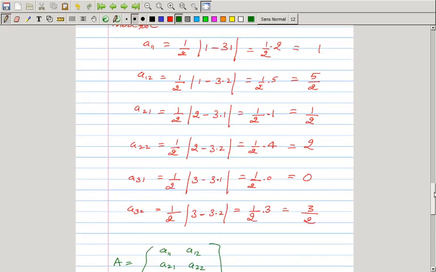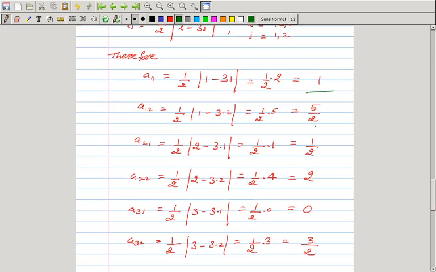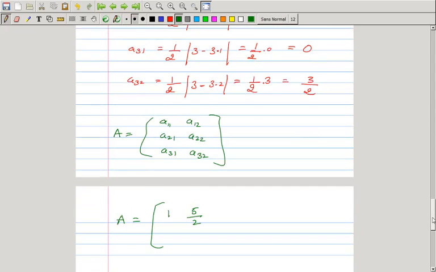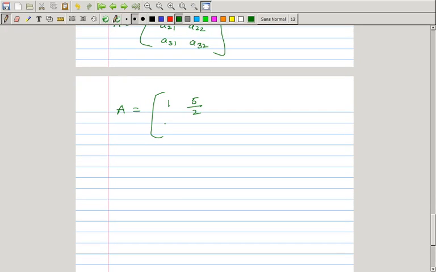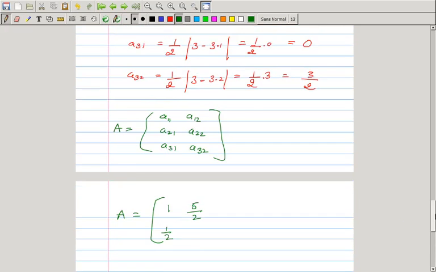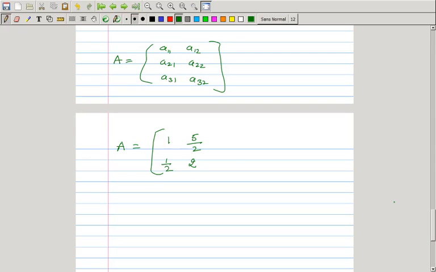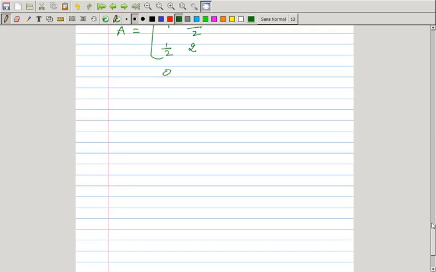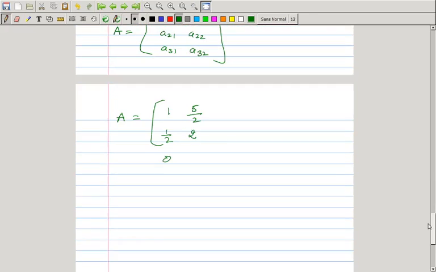A11 is 1 and A12 is 5 by 2, then A21 is half, next A22 is 2, A31 is 0, and A32 is 3 by 2.